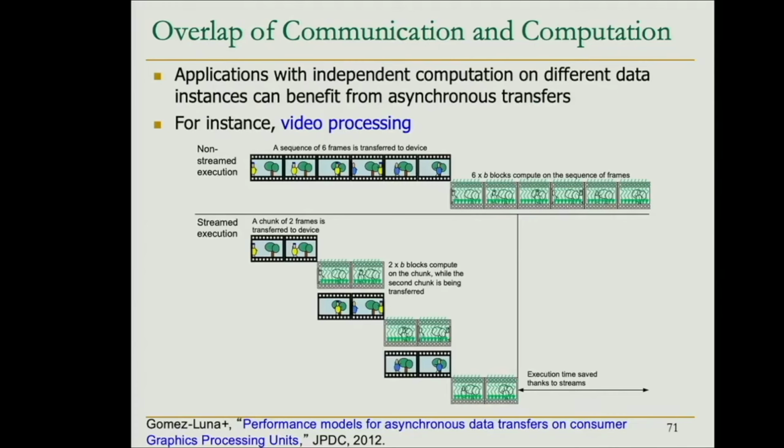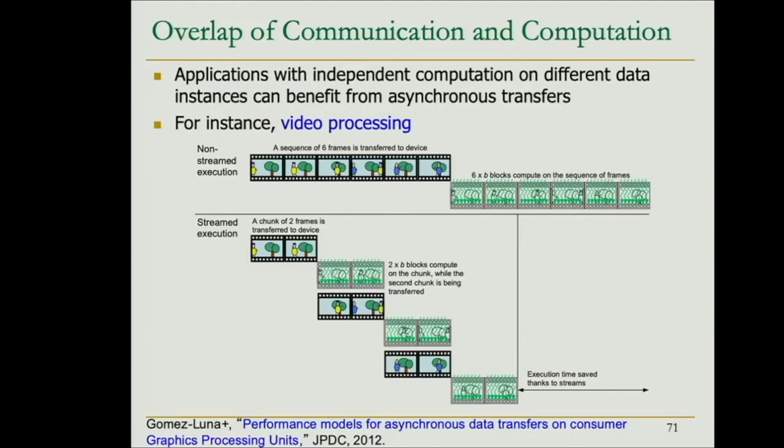You have a sequence of frames here, so if you need to compute on each of the frames of the video individually, you would need to transfer the entire video and then compute, but if you do this stream processing, you can transfer a chunk of frames, and while you are computing on this chunk of frames, you can transfer the next chunk of frames, and you save all this amount of time. Okay? Clear?